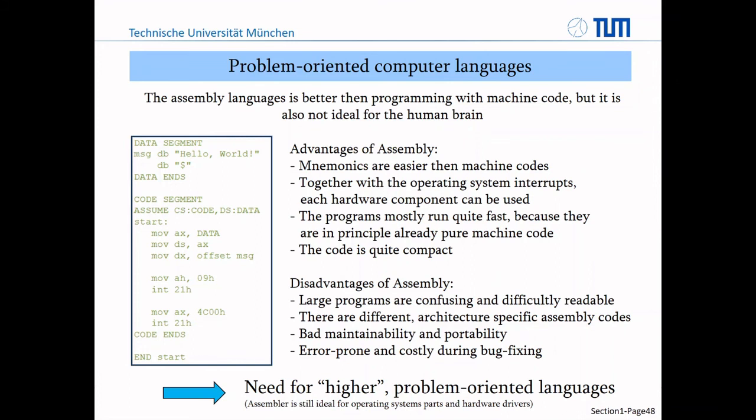It's very bad maintainable and portable because it's very specific to the hardware, and therefore it's error prone and cost intensive. So the way to write assembly on hardware is just in the lower level part. So if you want to do, for example, a fast memory copy or something like that on your mobile phone or whatever, then you can do these things. But for all of the other things, programming of higher level graphical user interfaces, this is not the ideal way.